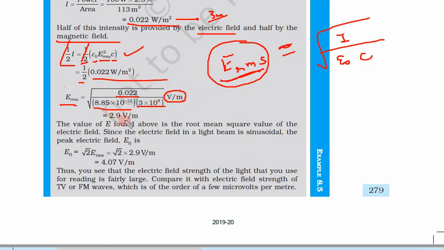So when we solve this, what do we get? We get an electric field of 2.9 volt per meter. The value of E found above is the root mean square value of the electric field. So this is the RMS value. Since the electric field in a light beam is sinusoidal, for the peak electric field, we have already learned this in the chapter alternating current, that if we want to calculate the peak, we simply multiply the RMS value with under root 2.